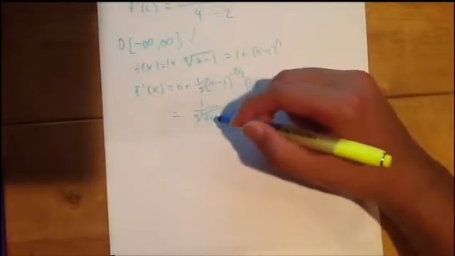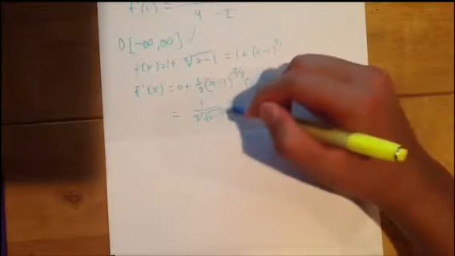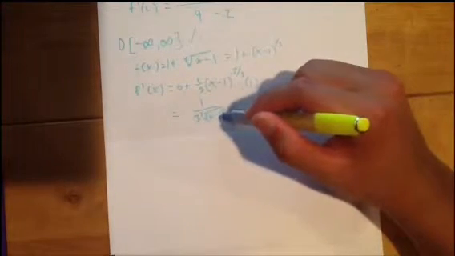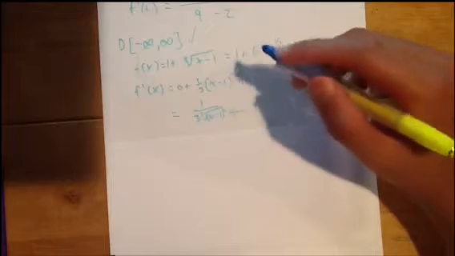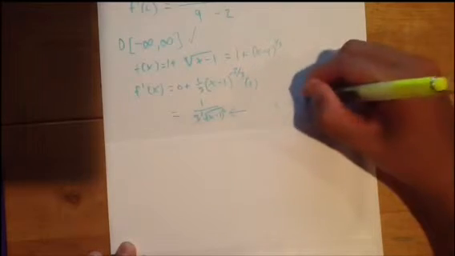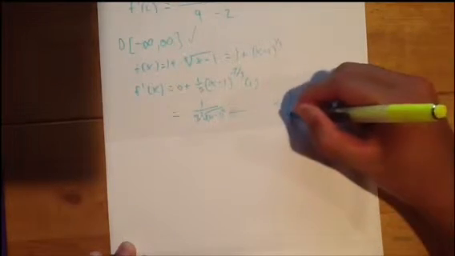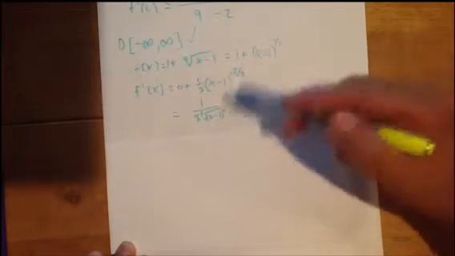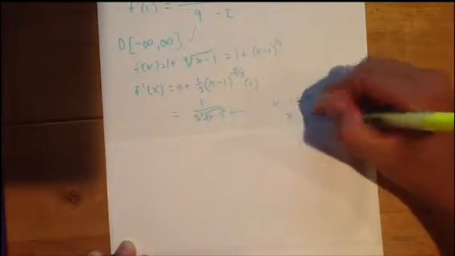So if we have 0 under the square here, 0 squared is 0. The cube root of 0 is 0, and 0 times 3 is 0. So basically x minus 1 equals 0, and solving for x we get that the derivative will be undefined when x equals 1.